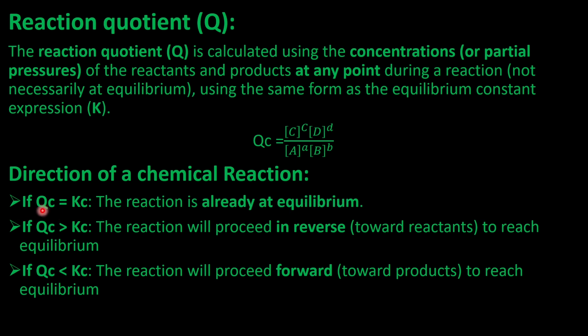And second, if Qc is greater than Kc, the reaction will proceed in reverse toward reactants to reach equilibrium. So if Qc, the reaction quotient, is greater than Kc, it means that it is a reverse reaction. While if Qc is less than Kc, the reaction will be a forward reaction.